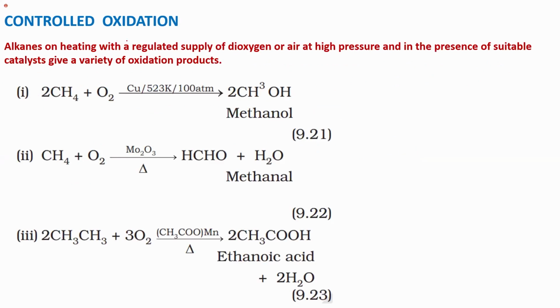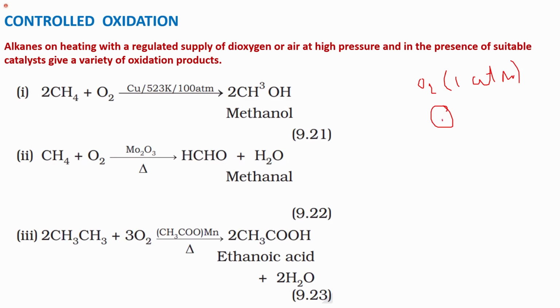Now the controlled oxidation. The alkanes on heating with a regulated supply of dioxygen. Regulated supply of dioxygen means, suppose, oxygen at 1 atmosphere. So there is a cylinder, and suppose there is a meter.